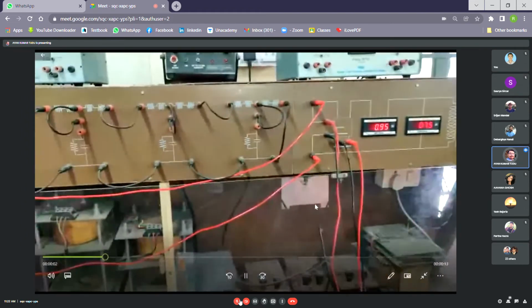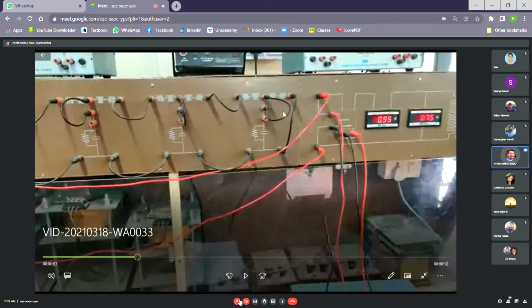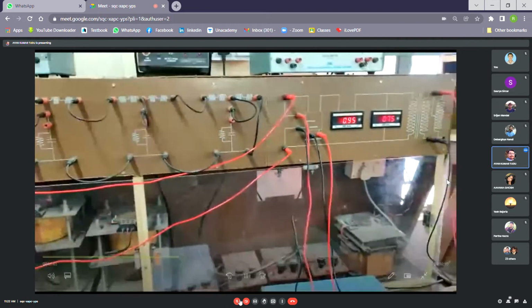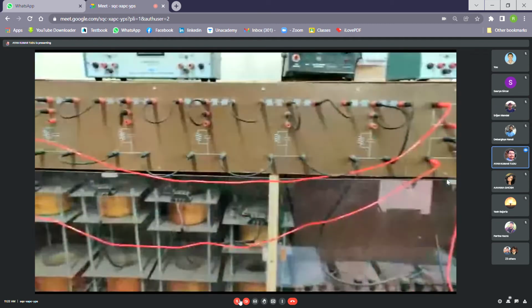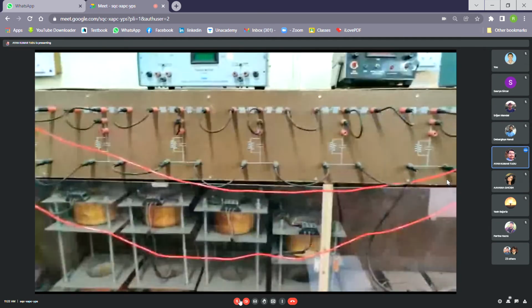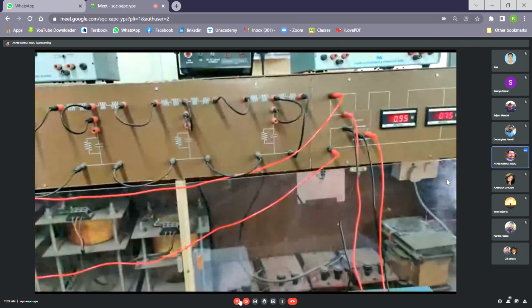Okay, as you all can see now, the sending end has been shorted and the supply has been given to the receiving end. Okay. So voltage is being maintained at 75 volts with the supply given to the receiving end with the sending end shorted.